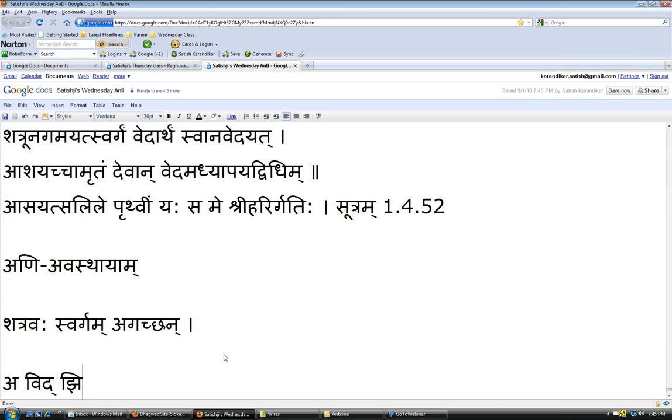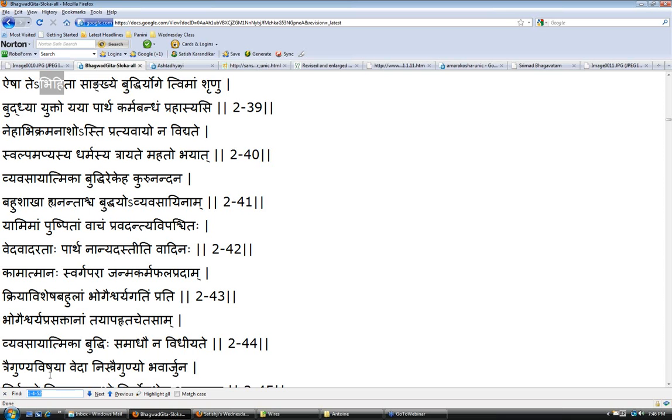So now, like Agachan, you have the form Avidan, which would have been the form. And because this cannot do any guna, because this is Sarvadhatukam Apit. But it's a special rule. Let's go to the Gita.